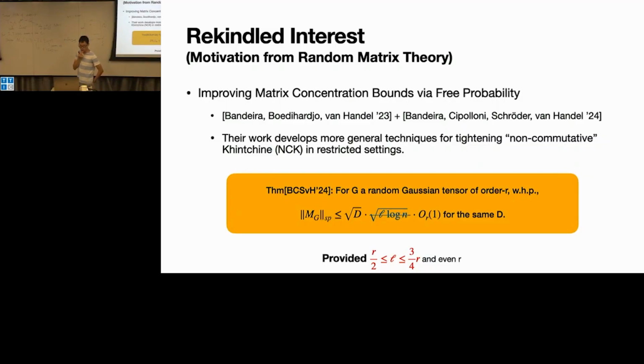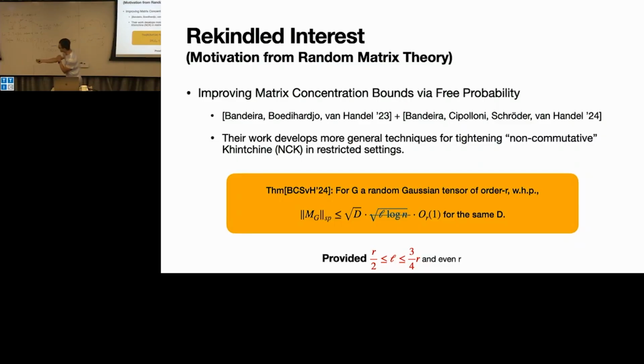In a recent work by Bandeira and co-authors, they show that for random Gaussian tensors, I'm not sure if they work for Boolean as well, but definitely Gaussian, the bound can be improved. The extra square root log dimension can be entirely shaved off, provided your l is not too big. It's in this very restricted regime of r over 2 and 3/4 r.